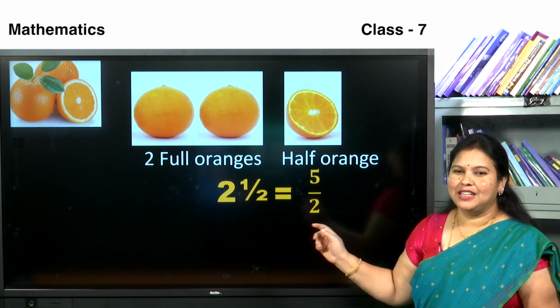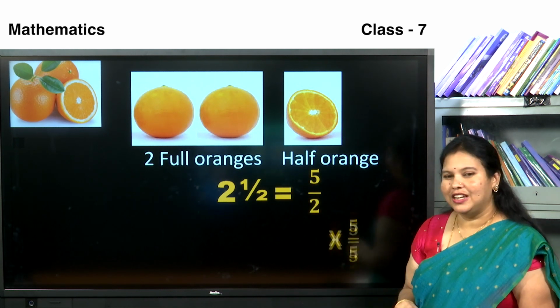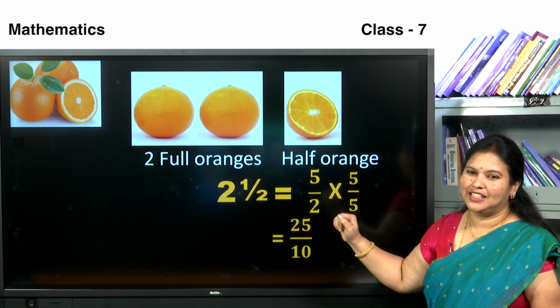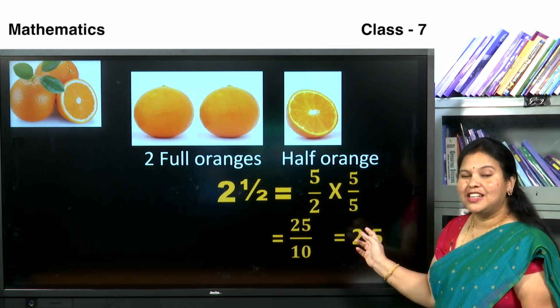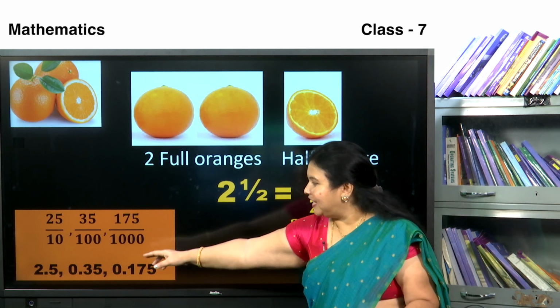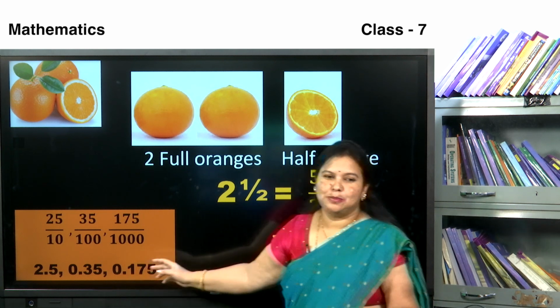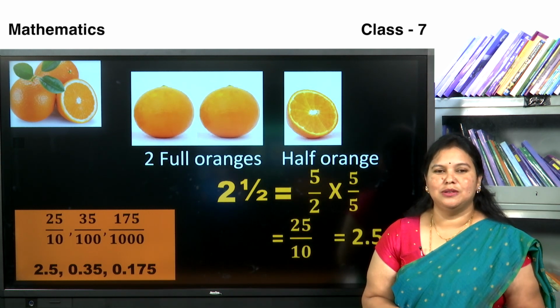If we multiply both the numerator 5 and denominator 2 by 5, we will get this fraction whose denominator is 10. So it can be written as 2.5 and it is a decimal number. If the denominator of a fraction is numbers like 10, 100, 1000, then we can express it in its decimal form.